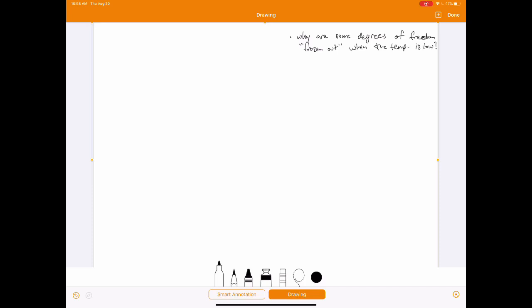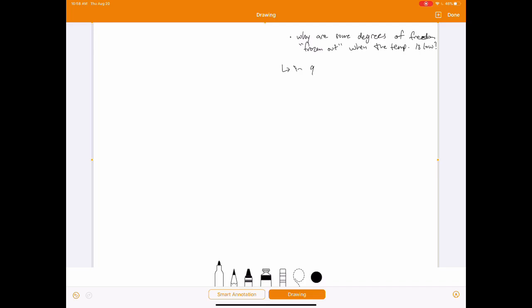So let's try to understand that. In order to understand this fact, we do need to bring in quantum mechanics, because quantum mechanics is the framework in physics that we really need to use if we want to study atoms and molecules and things going on at that really tiny scale. So we're not going to dive too deep into this, but let's just write down a fact.